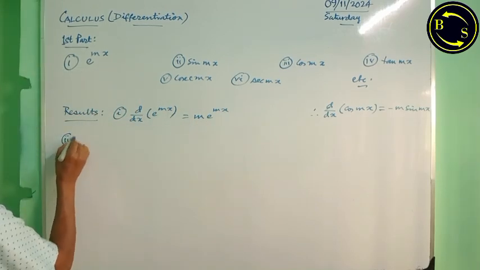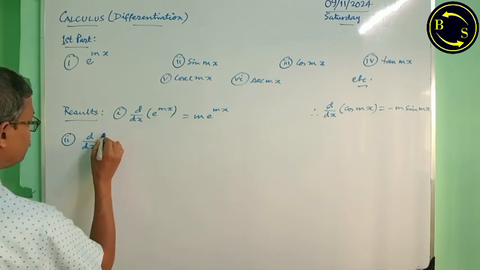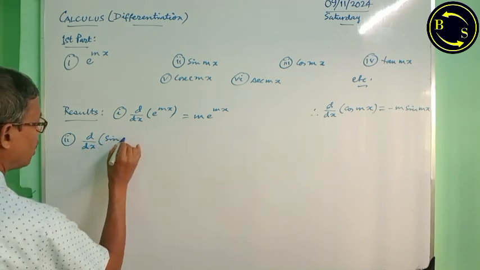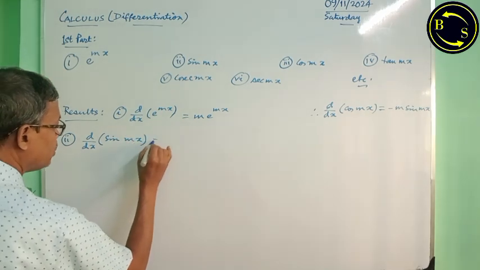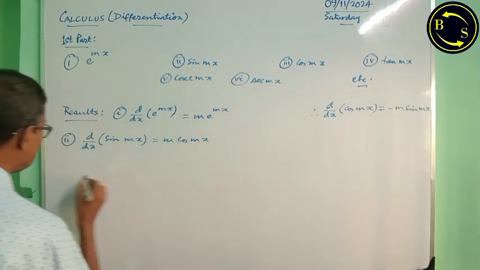Number 2, d/dx of sin mx is equal to m cos mx.